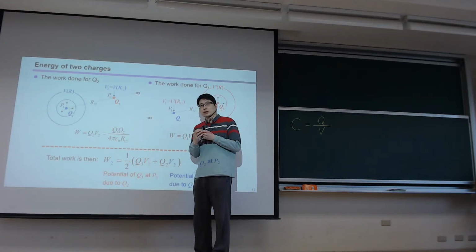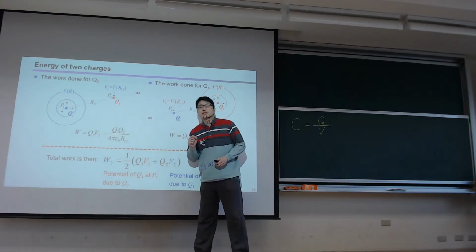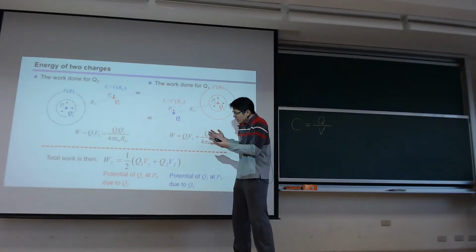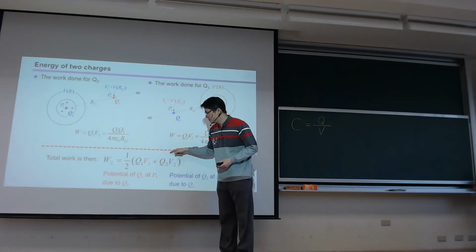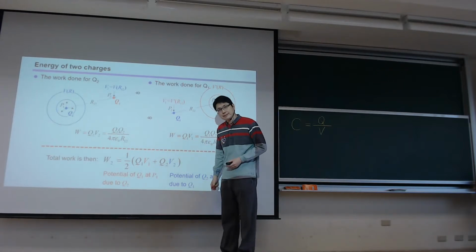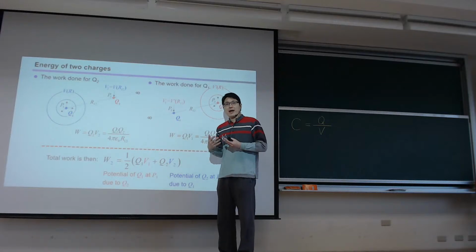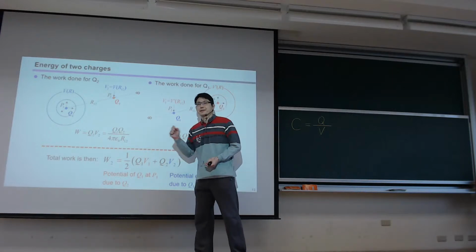V1 is actually trying to work against the fields due to the second charge, okay? And I have two particles, so I also have another portion of energy. So Q2 is also having some kind of energy. So you sum them up.